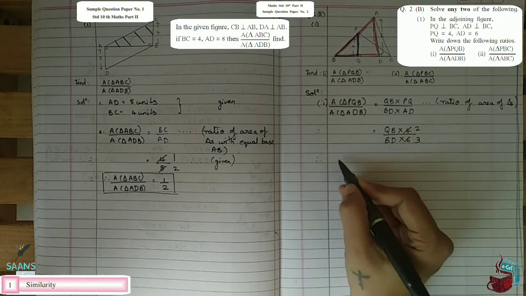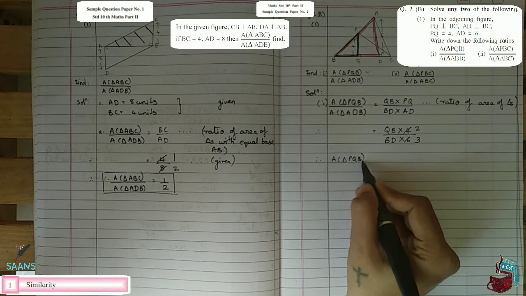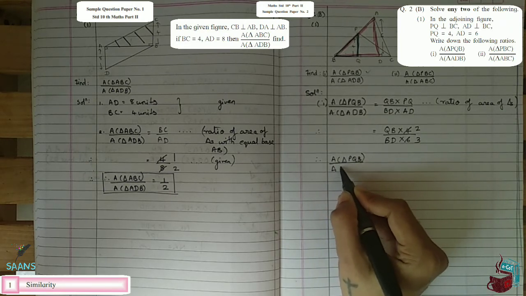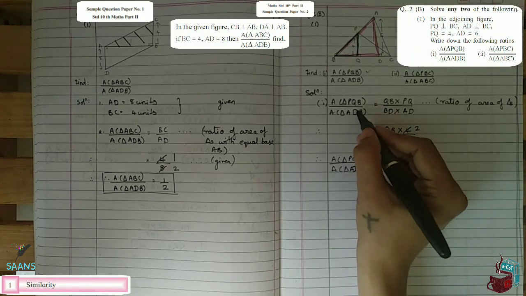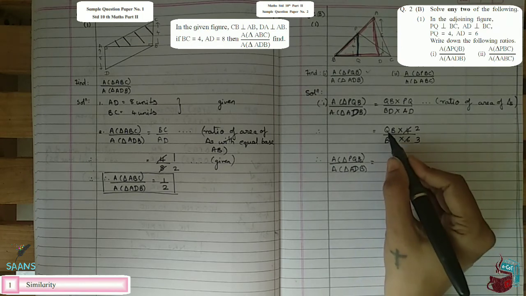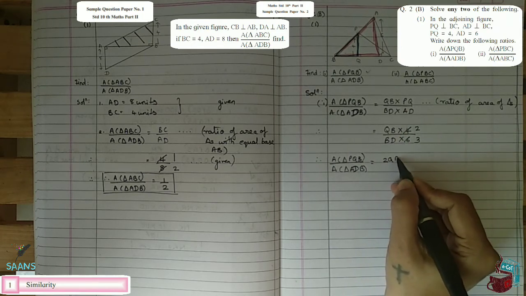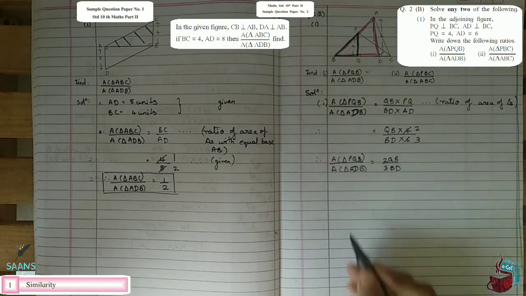Okay, therefore area of triangle PQB upon area of triangle ADB. See my D written like O, so please write properly. ADB is equal to 2 times QB upon 3 times BD. Okay, so that's done.